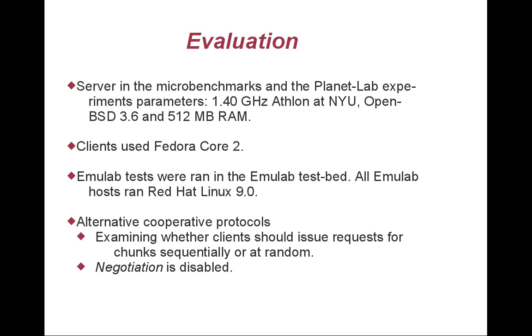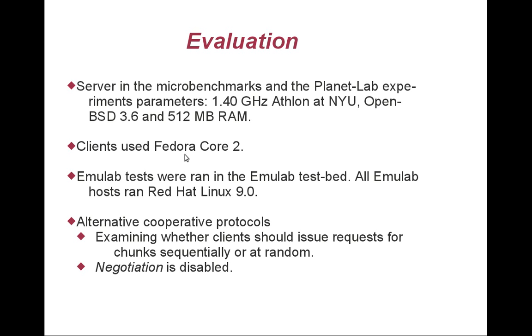So now the evaluation. Of course, as part of research, tests have been run, and these are the machines that have been used for testing. In the micro benchmarks and the PlanetLab experiments, you have the 1.4 gigahertz Athlon at New York University, OpenBSD 3.6 and 512 megabytes of RAM.